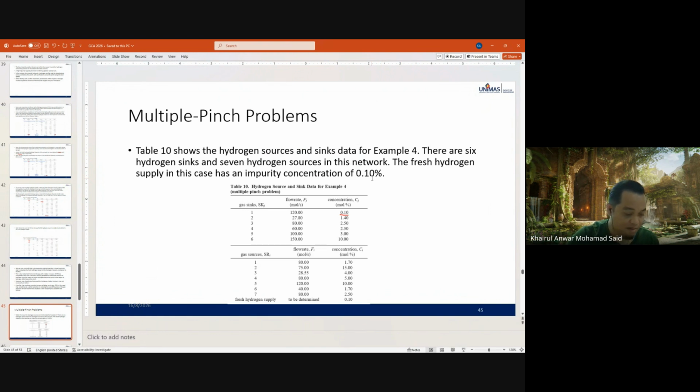So this is the sink and this is the source. Fresh hydrogen supply around 0.1%, which is very good, very pure.